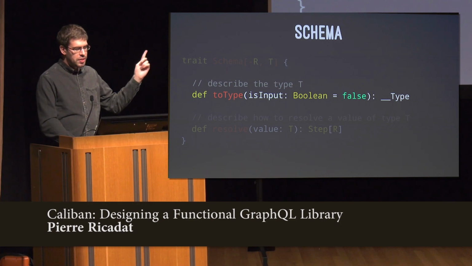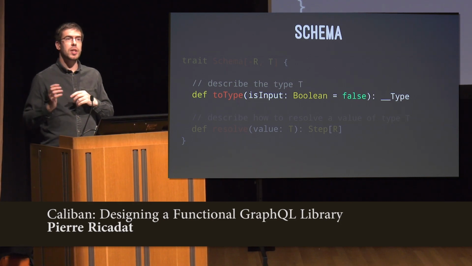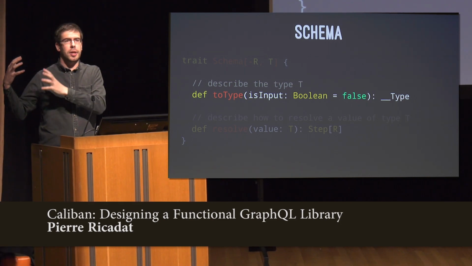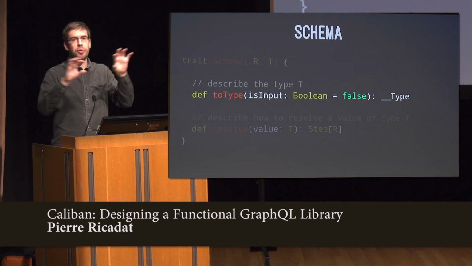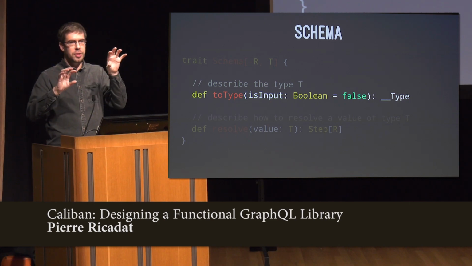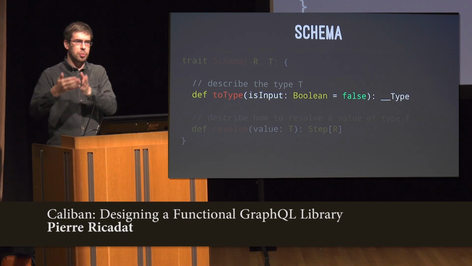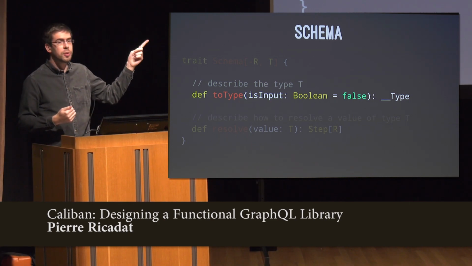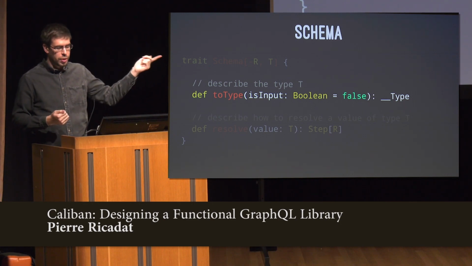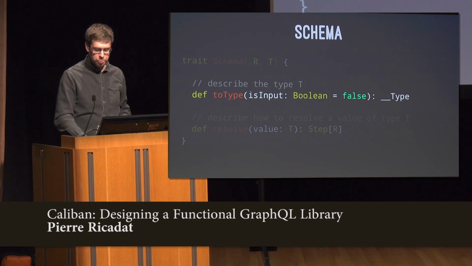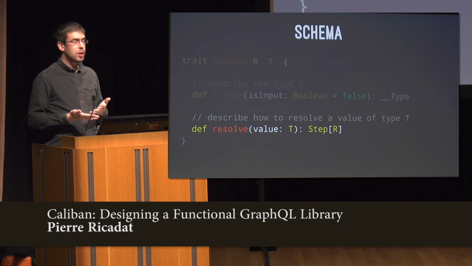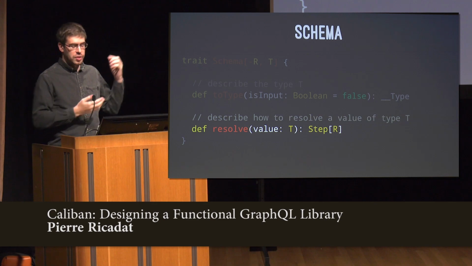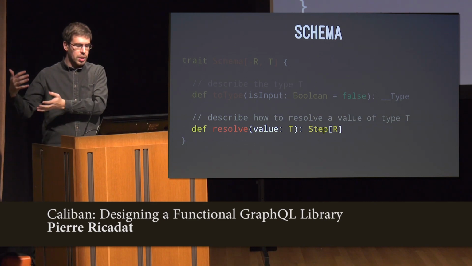There is an isInput parameter. That's because in GraphQL, the same object, if it's an input or an output, is a different type. So it's not the same type if it's given as an input or returned as an output. That's why, to create a GraphQL type, we need to know if it's input or output. And then we need to implement a resolve function which, given a T value, returns a Step.